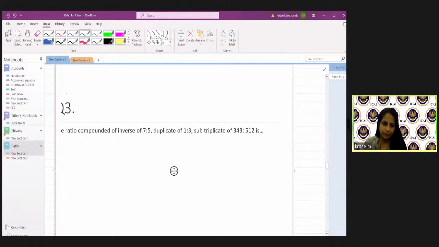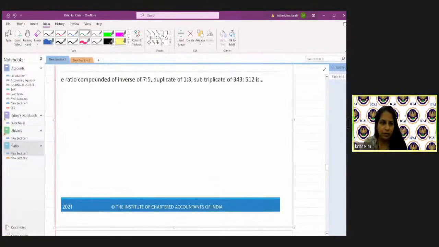Third question. So the question says the ratio compounded of inverse of 7/5, duplicate of 1/3, and subtriplicate of 343 to 512 is. We have already done these types of questions. So inverse of 7:5 is 5:7.